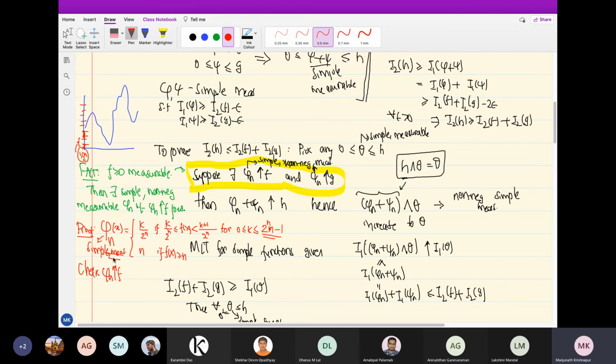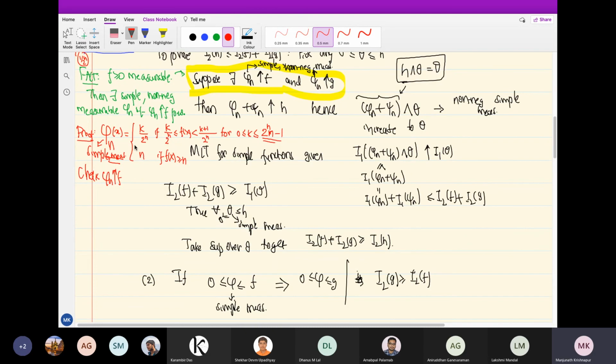Why is it measurable? Well, another way to write this, if you want to write it with indicators, I can write phi n as the summation over k of k over 2 to the n times the indicator of k over 2 to the n less than or equal to f less than k plus 1 over 2 to the n, sum over k equals 0 to n times 2 to the n minus 1, plus n times the indicator of f greater than or equal to n.